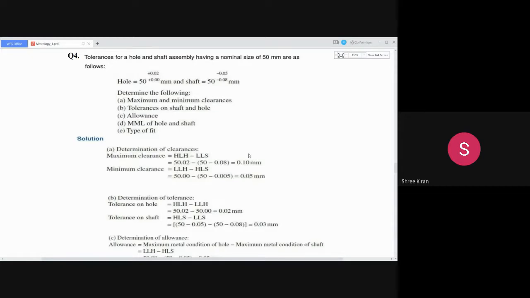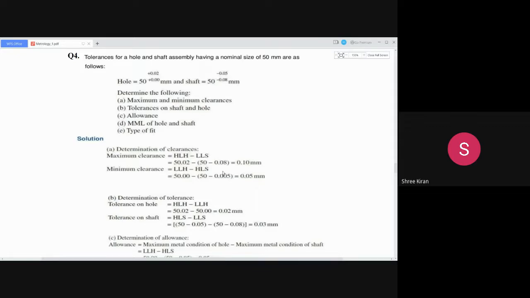The higher limit is 50 plus 0.02, that is 50.02, minus the lower limit of the shaft, which is 50 minus 0.08. Finally it comes to 0.10 mm.